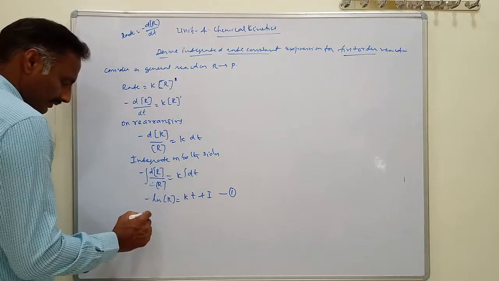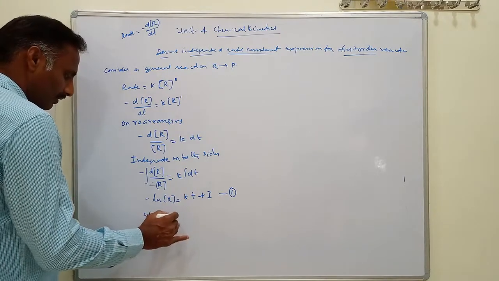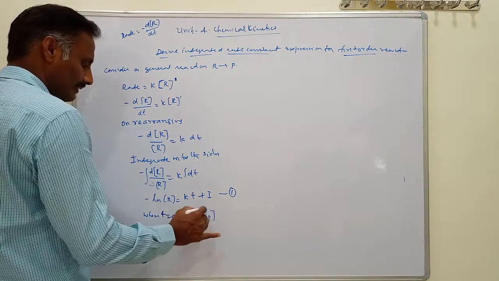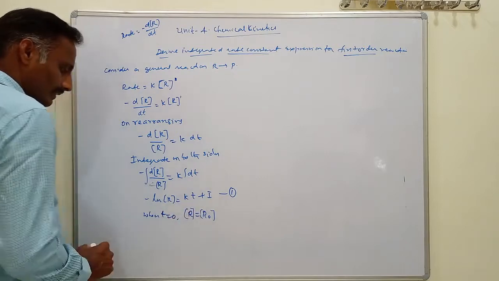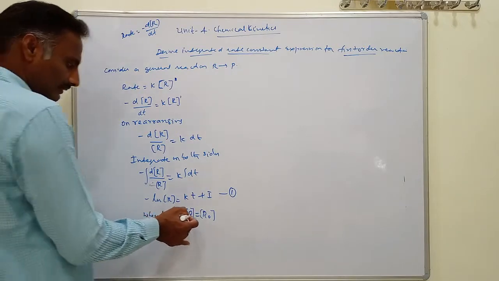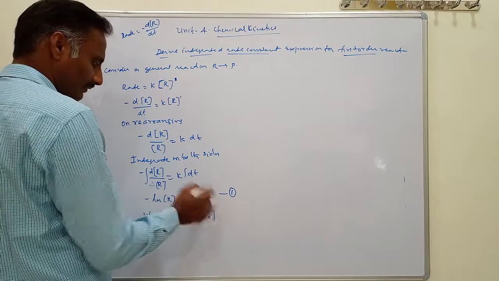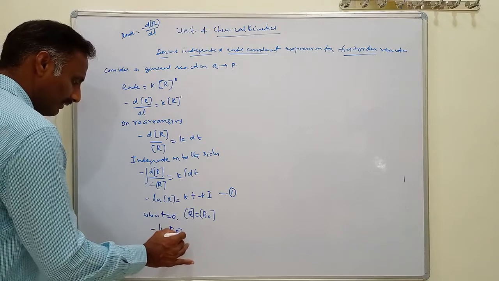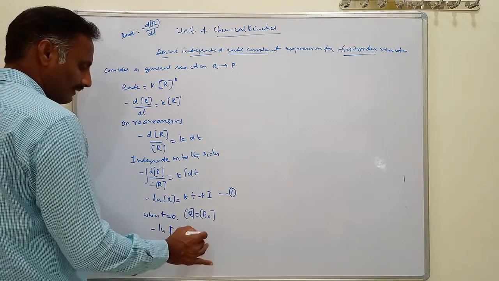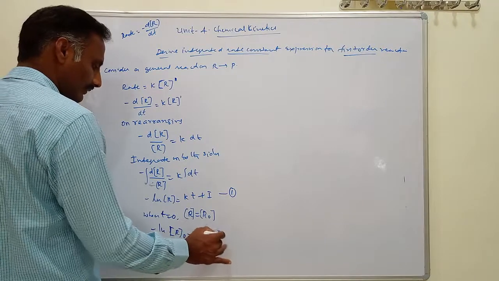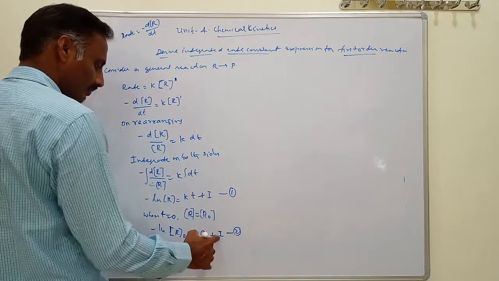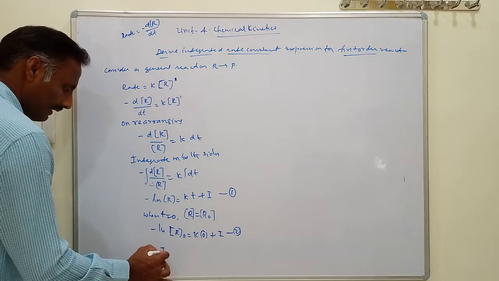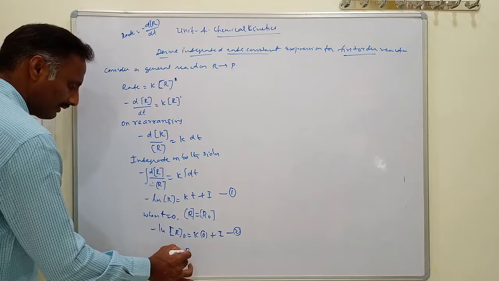When time equal to 0, the concentration of R equal to R naught. Then in place of R, write R naught, and you will get the I value: minus ln R naught equal to K times 0 plus I. So the I value equal to minus ln R naught.